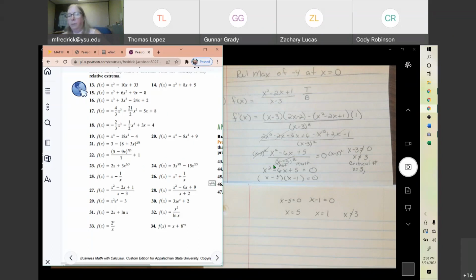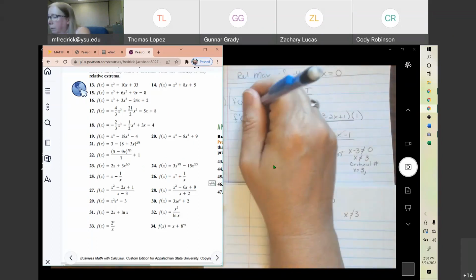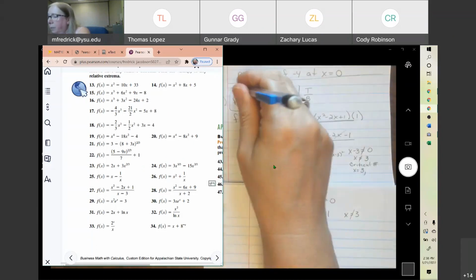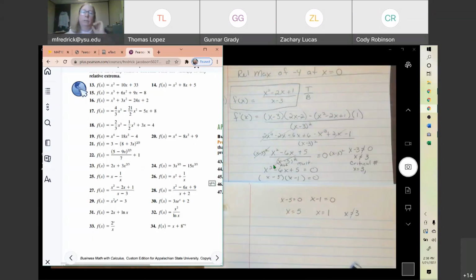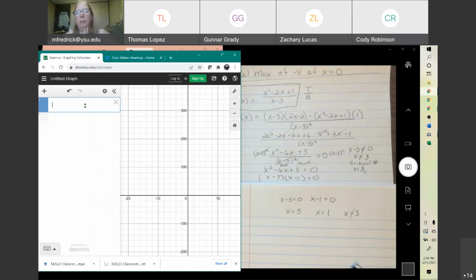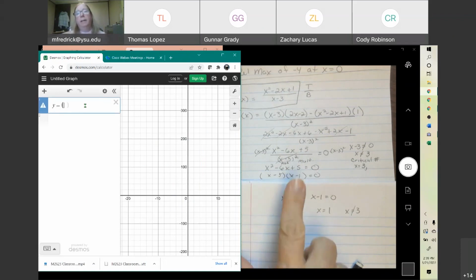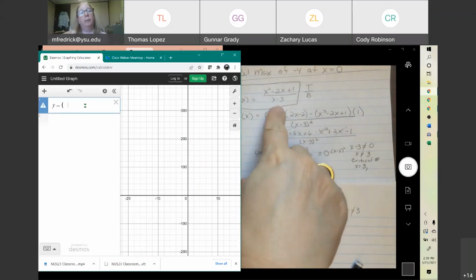Let's graph it. Now, when you're trying to decide what to graph, look where your derivative is and use the one before. Most of the time it's the original, but not always. Delete this one. I'm going to put the numerator in parentheses, so then when I hit divided by, it will actually make a fraction bar.